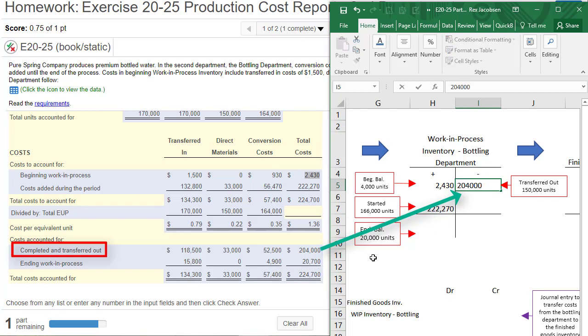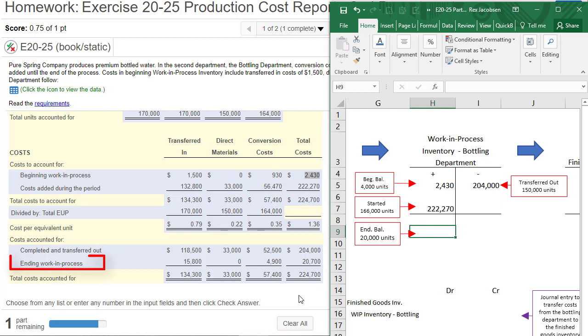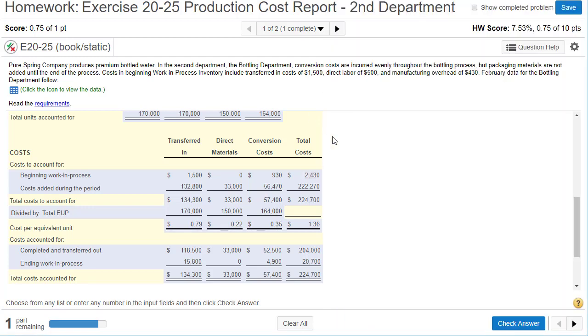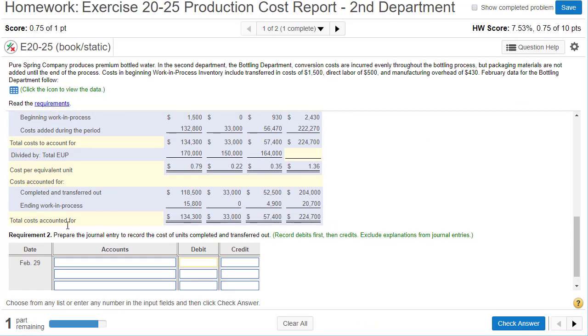And their ending balance is right here, 20,700. So the production cost report is done so that we can get these costs for our accounting records.